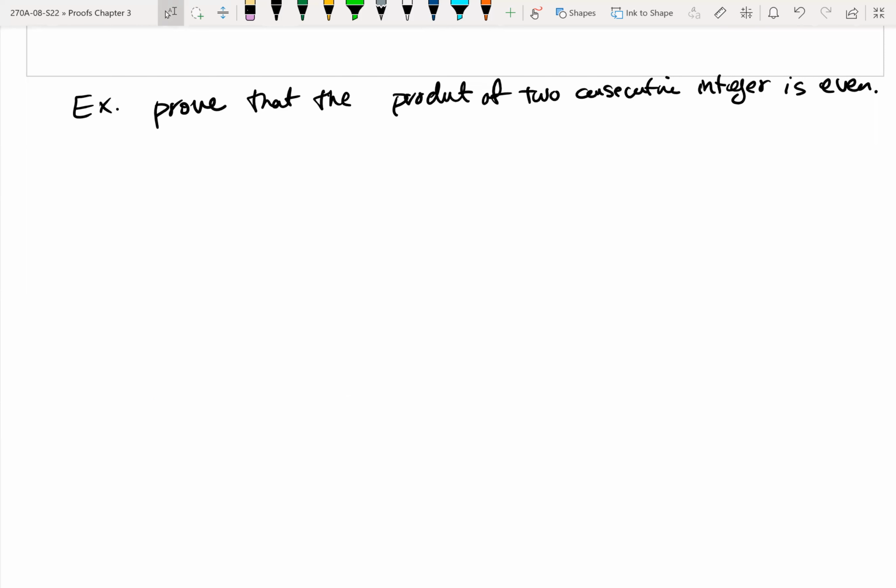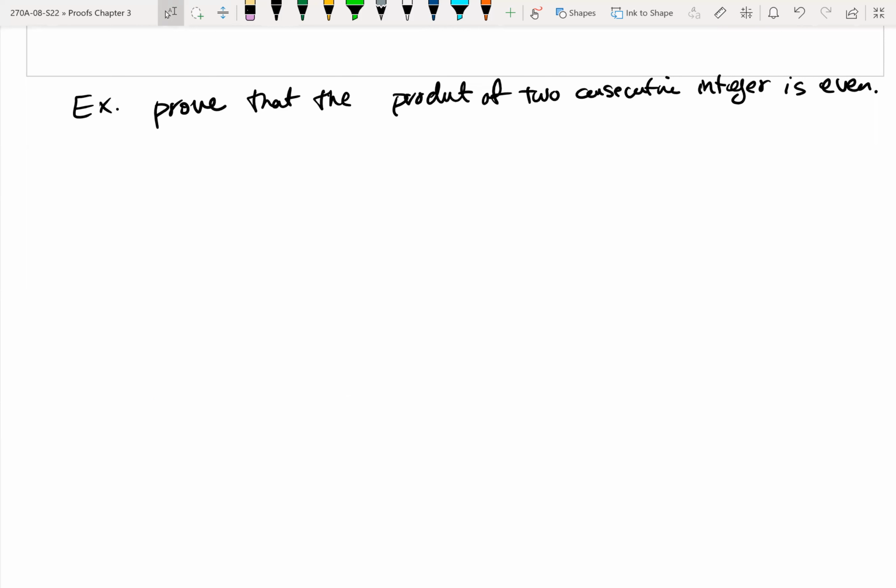It's always even. Yes or no? Yes. Why is it always even? Because you multiply an odd number and an even number. One of them is even, one of them is odd.